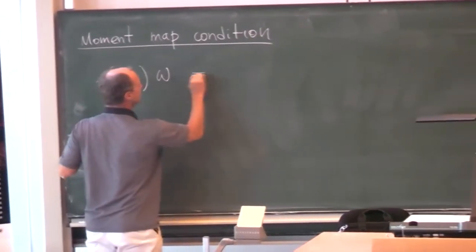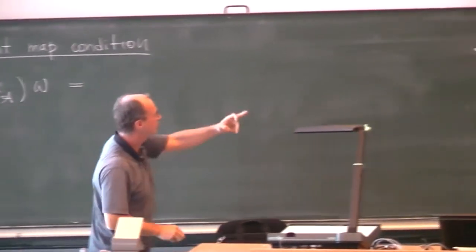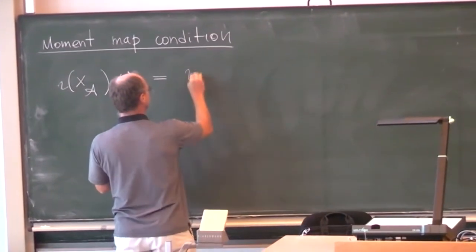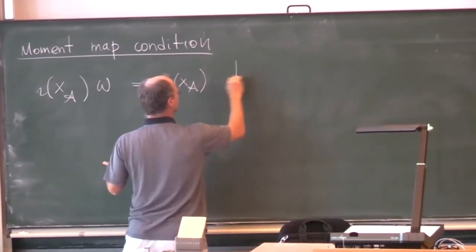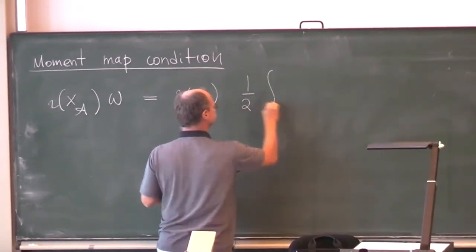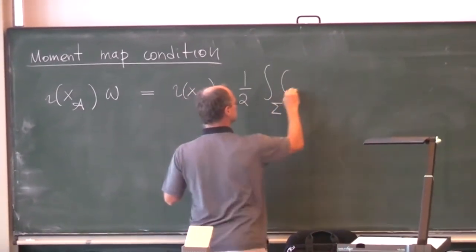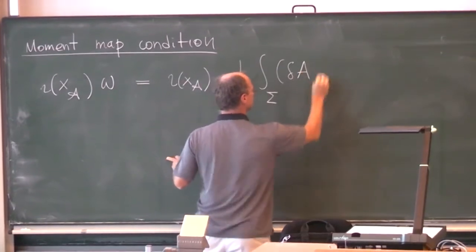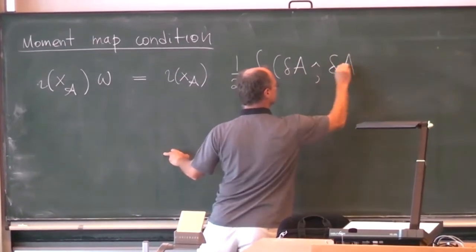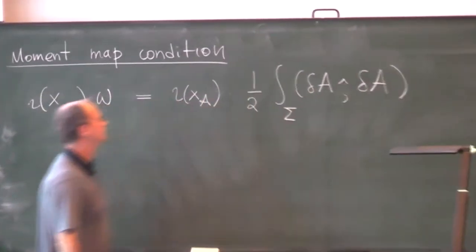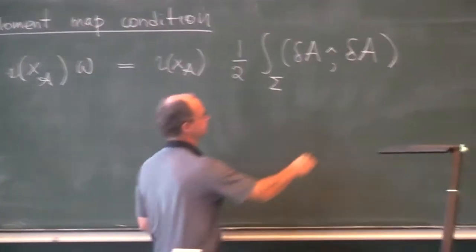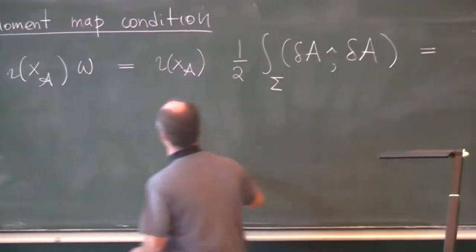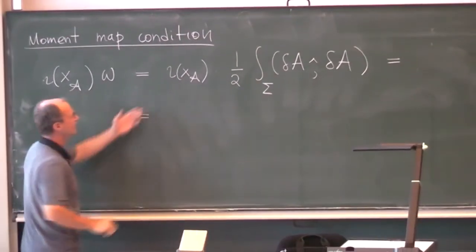So, well, let's try to do it. We now have the fundamental vector field, and we contract it with the Atiyah-Bott 2 form. Well, the first step is quite easy.